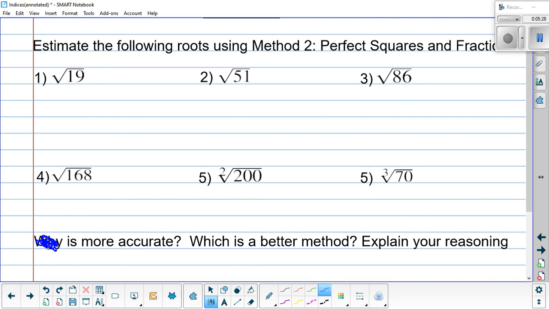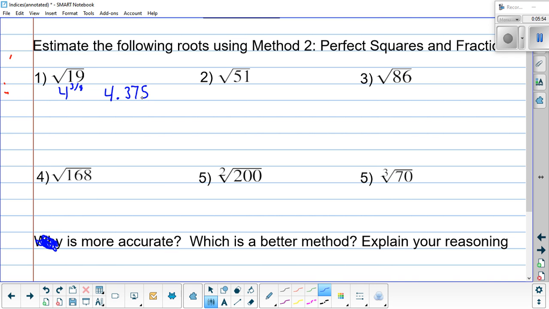Alright, welcome back. We know the lower square root is 4. The difference between 16 and 19 is 3. And we double this 4, so 4 and 3/8, which is 0.375.